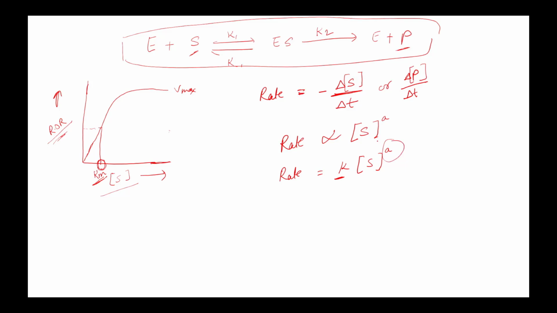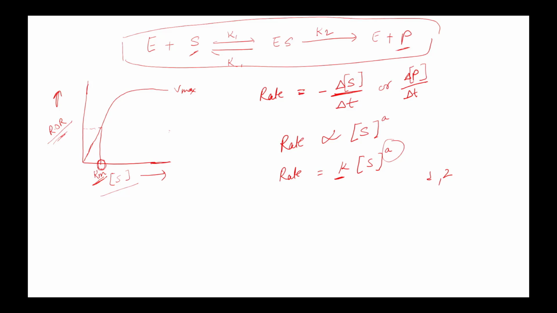The exponents in the rate equation are usually small whole numbers such as 1 or 2. The value of the exponents is related to the number of molecules involved in the detailed steps that constitute the mechanism.